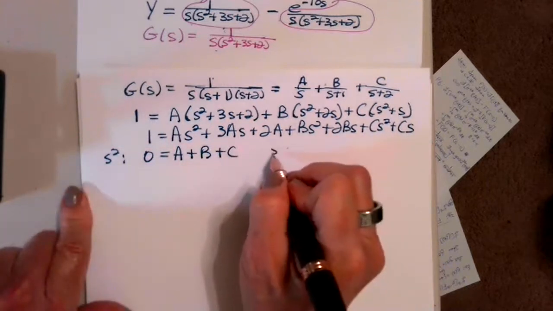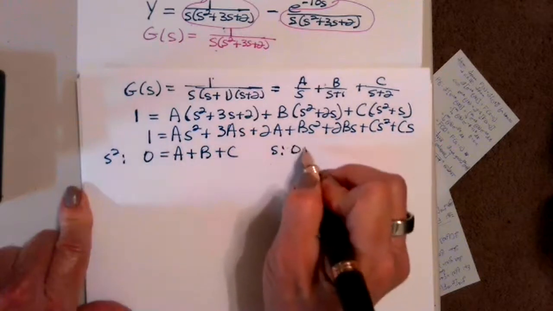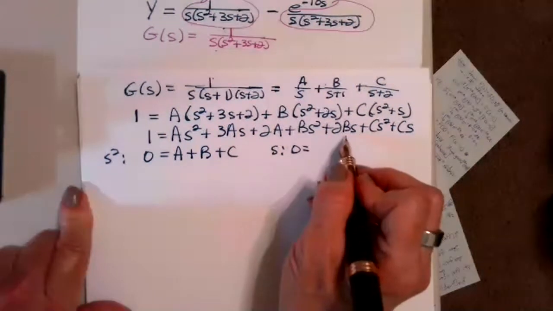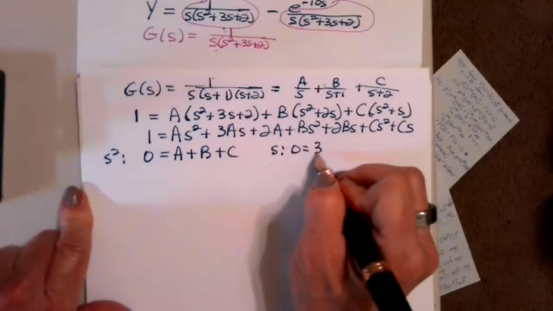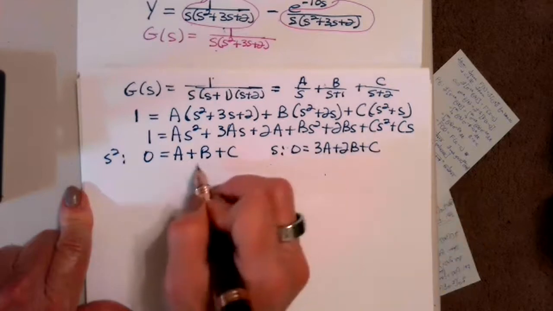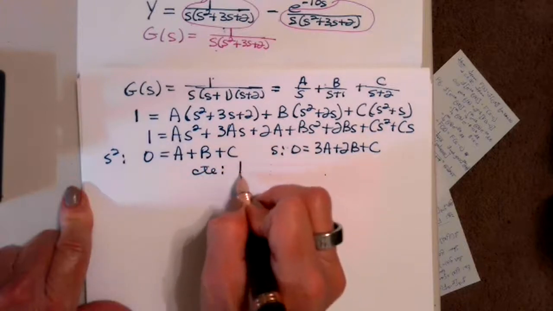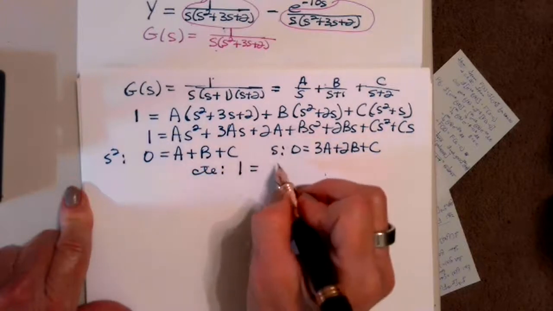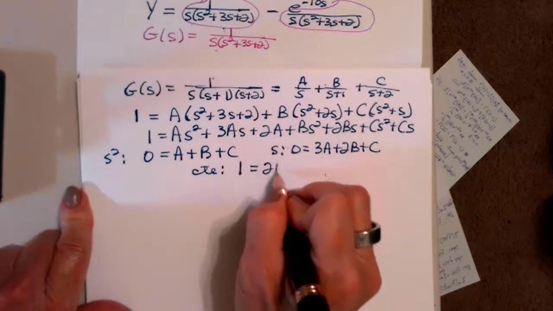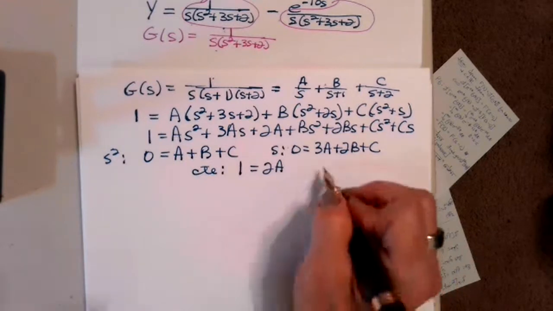From the s term, on the left I get 0, and on the right I get 3a plus 2b plus c. From the constant term, on the left I get 1, and on the right I get 2a. So that says a is a half.